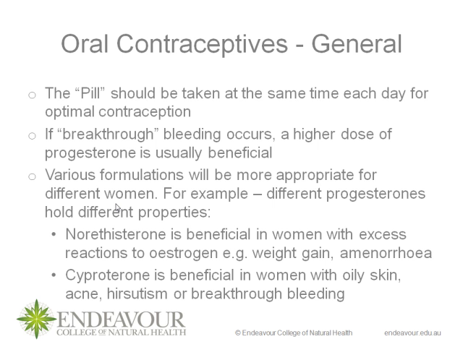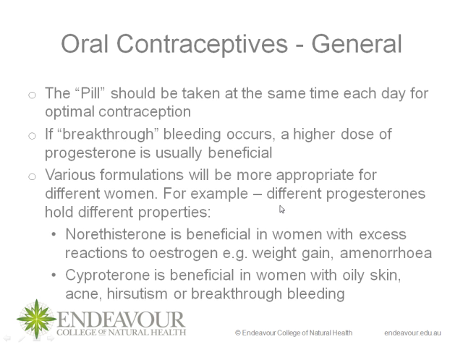For a woman where it's beneficial to avoid weight gain, norethisterone would be beneficial. If a person is amenorrheic, then once again norethisterone would be the best formulation to prevent that adverse physiological finding.